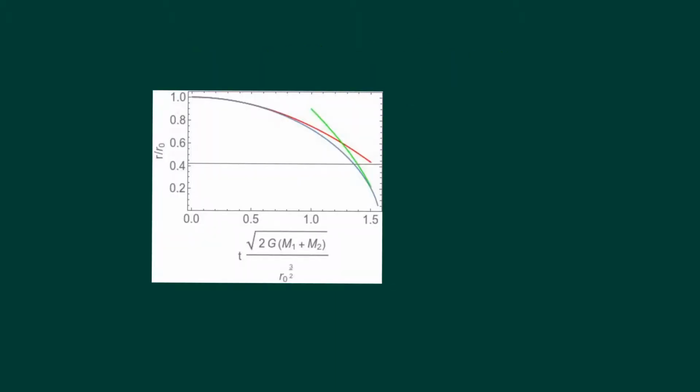Finally, I would like to show you the numerical solution for the equation distance depending on time, which is plotted here in the blue curve. So the blue curve gives you the distance between the two objects at a certain time.